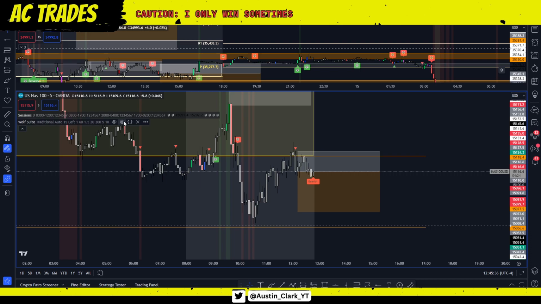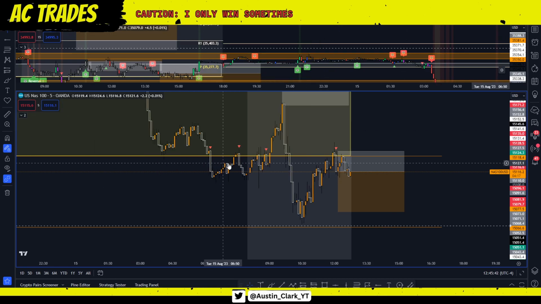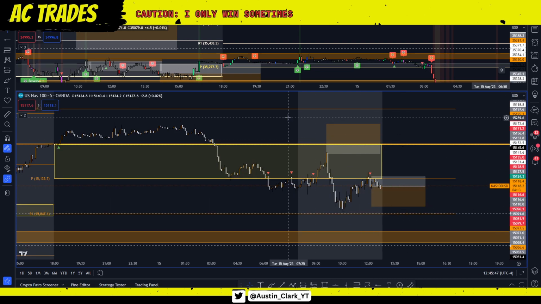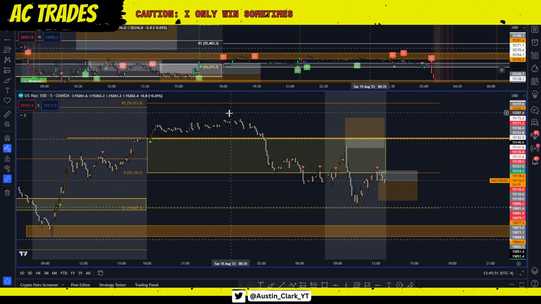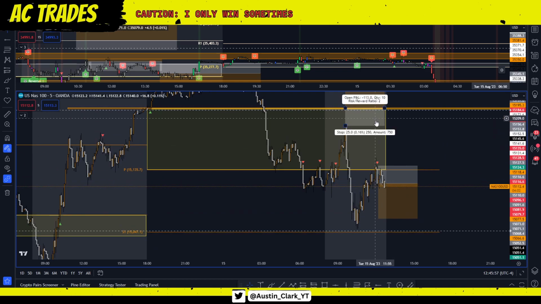So what is each one, step by step? We'll turn all these off and go. Pivot points: it has the built-in default TradingView pivot point indicator on the screen. If you go to indicators and type in pivot point, you will get this. But in addition to that, it's printing our box. If you watch our strategy in-depth video, you'll understand what this box is.